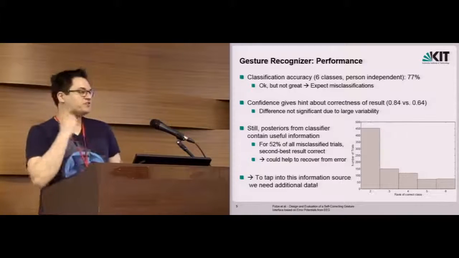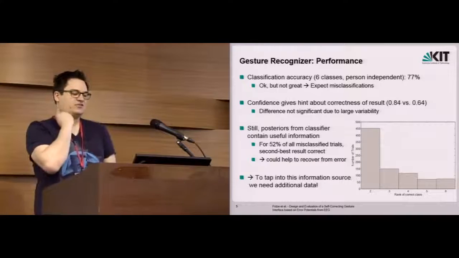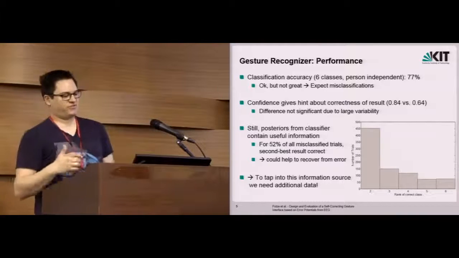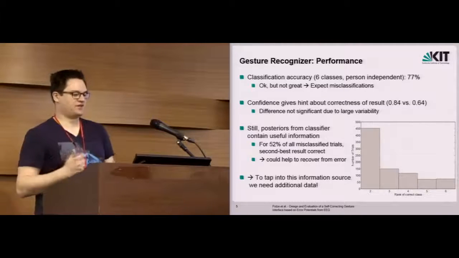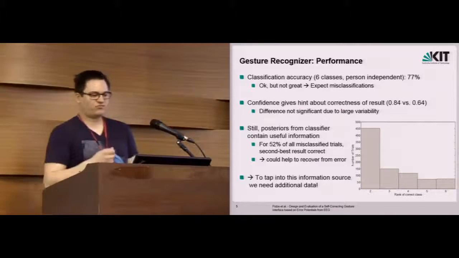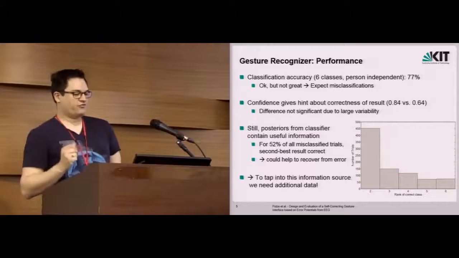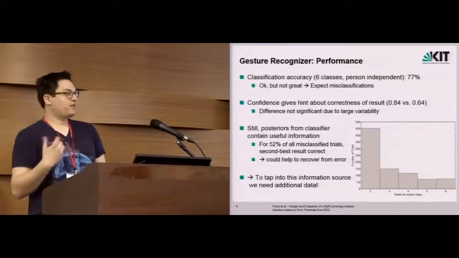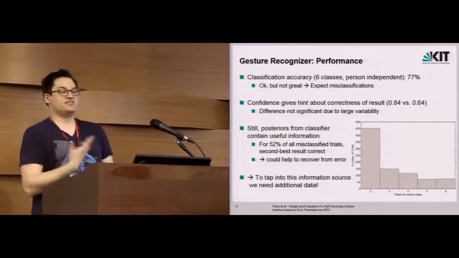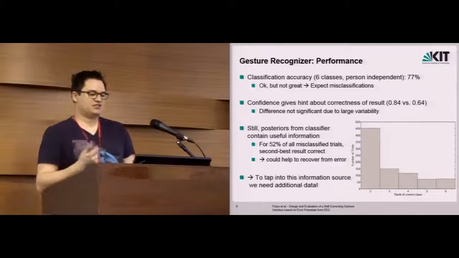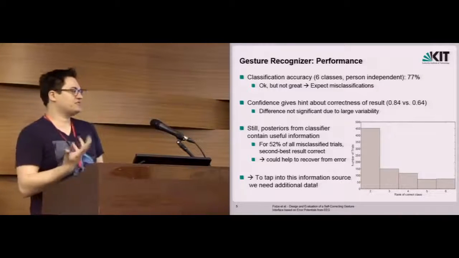Still, the posteriors from the classifier contain useful information for the error cases. For example, for more than half of all misclassified trials, the second best result actually was the correct one. So using this information could help us to recover from an error situation, but to identify those error situations, we see that the confidence score alone is not enough. So we need additional data to tap into this information source.